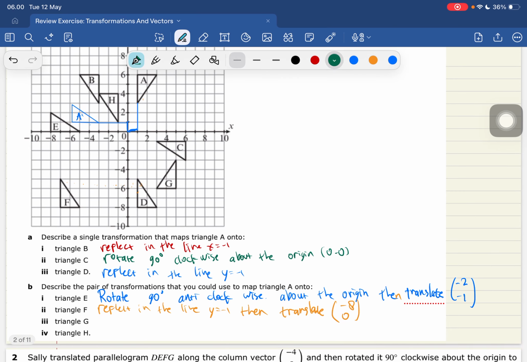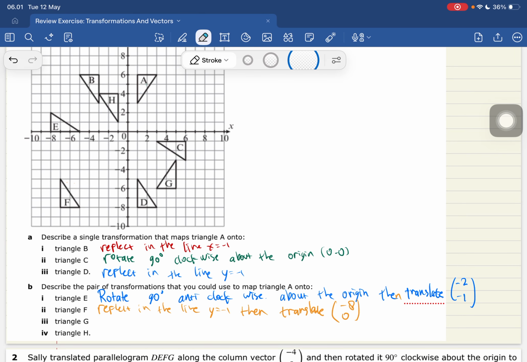Okay, A to G. This is not mirroring, so we cannot say it's a reflection. However, we can rotate it. Let's say 180. So here is 3 and 1.